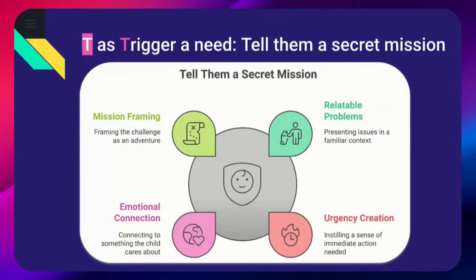Okay, so basically, what you have to do is very, very simple. As I said, you have to make the problem relatable to them. For example, presenting the issue in a family context is something you can do. In terms of creating urgency, you can, for example, instill a sense of immediate action.